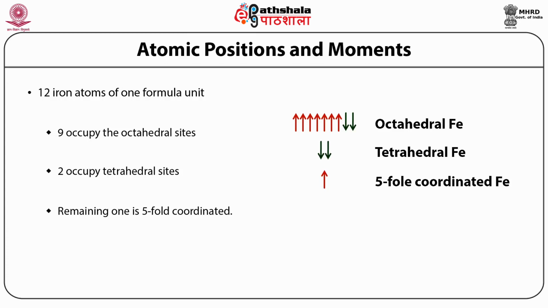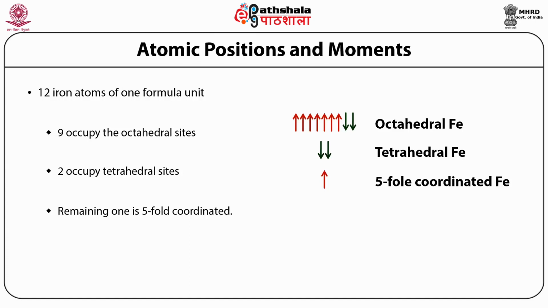Out of these, 7 atoms on octahedral sites and 1 with 5-fold coordination have their spins in one direction, while the spins of the rest of the atoms are oriented oppositely. That is, say 8 atoms with the spin up and 4 atoms with the spin down.